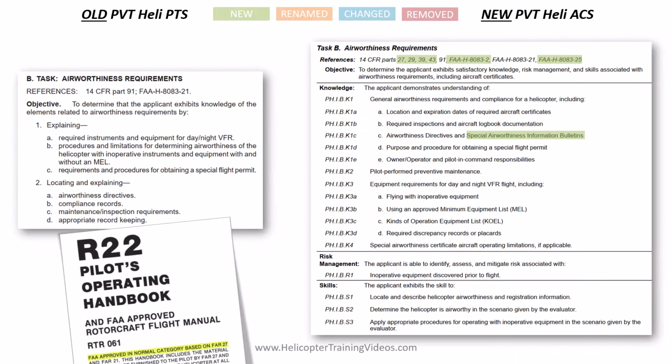As we go into the knowledge areas, some of the things that stand out are the Special Airworthiness Information Bulletins, or SAIBs. If those are new to you, they're basically information only, published by the FAA. The recommendations aren't mandatory. It's when an airworthiness concern is not an unsafe condition that would normally go into an airworthiness directive.